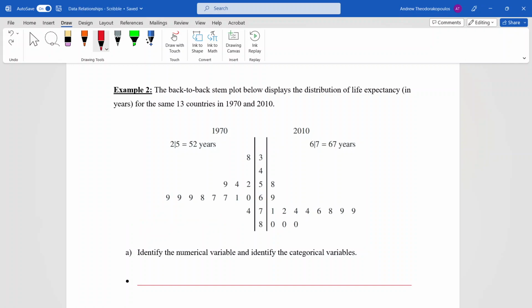So firstly, identify the numerical and categorical variable. Numerical equals, what is it? We're talking about two different years, but also life expectancy. So the numerical is the life expectancy, and the categorical is the year.